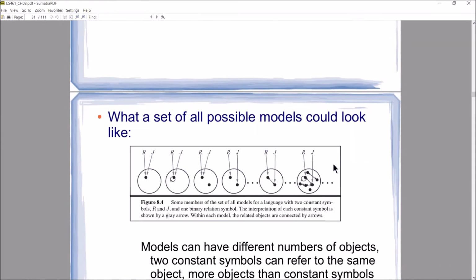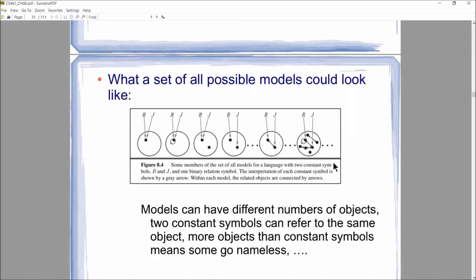All right, so figure 8.4 is showing you what a set of all the possible models could look like. Right? So we've got R and J, we've got these names, we've got these constant symbols. Right? And so in this first figure, this is an example of where there's only one object in the domain. And so we gave it 2 separate names.